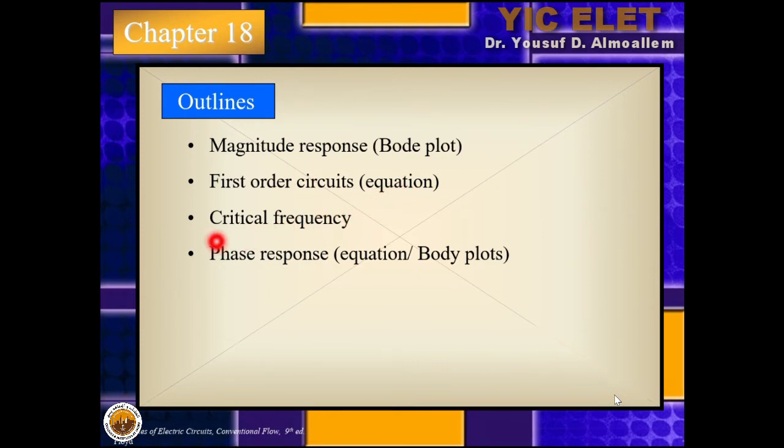Third, we will see what is the critical frequency, how we can calculate the critical frequencies. Then we're going to see the second part of the complex numbers, the phase response. We will see the Bode plot and the equation. So simply, the magnitude Bode plot and equation, the phase Bode plot and equation. Then the critical frequency.